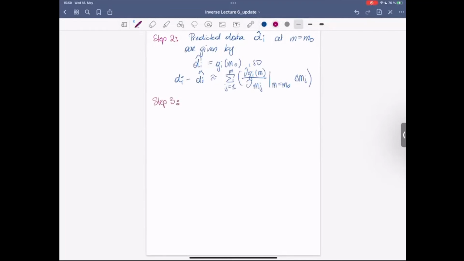Step 3. We can now define the new misfit, delta ci, as exactly the difference of di minus di hat, which is actually the observed data minus the predicted data.